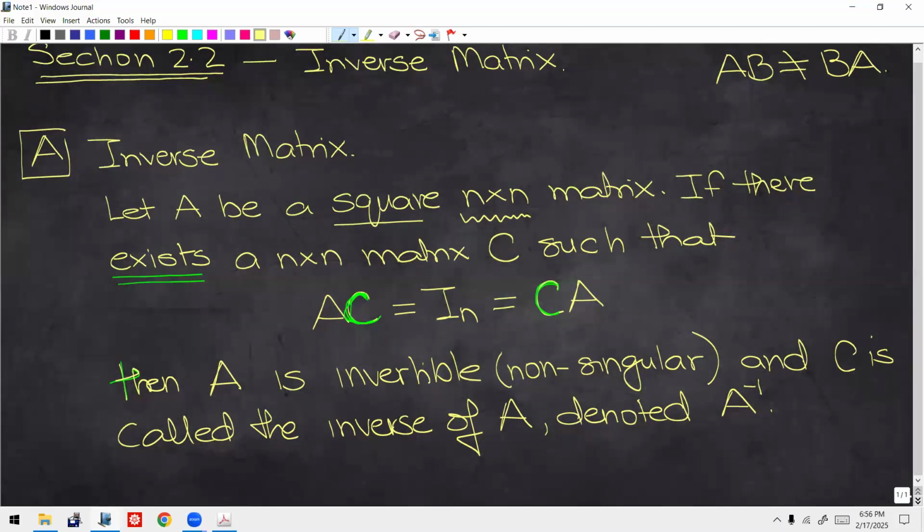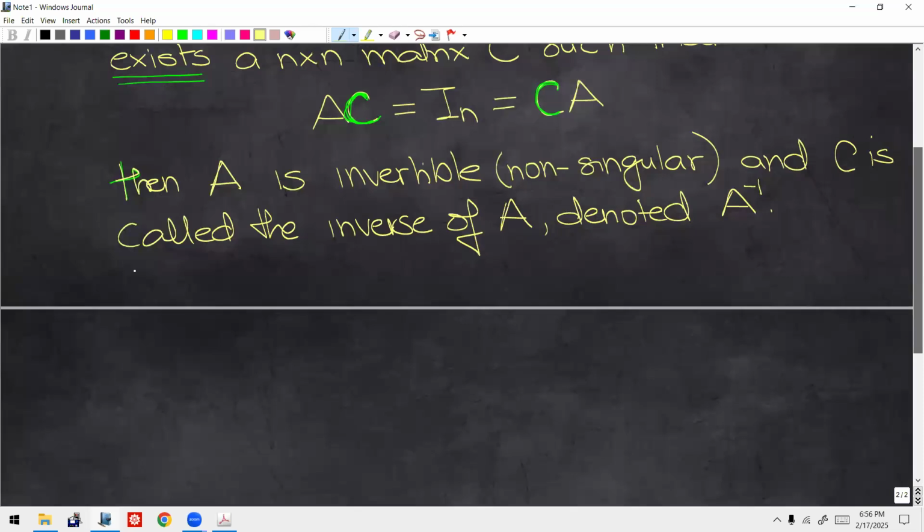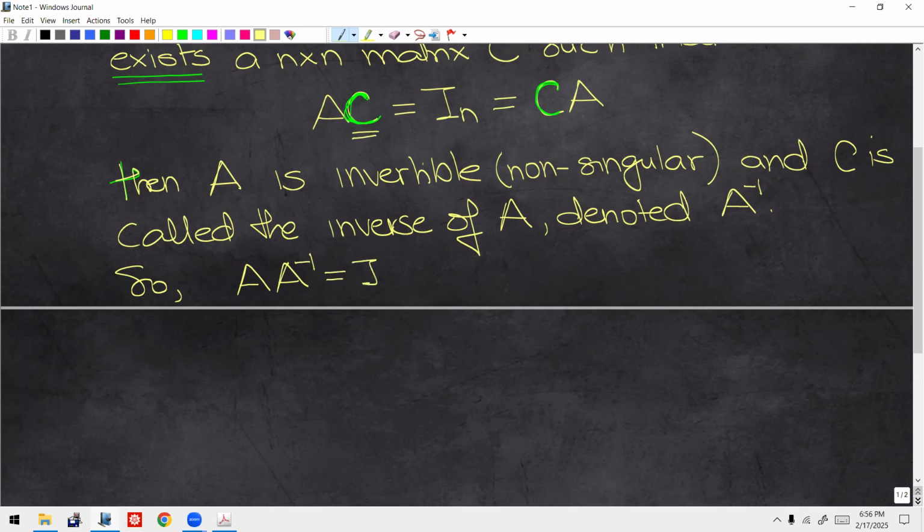So what does that mean? Let's write that down. So, okay, out here we're replacing C with A inverse. So A times A inverse, okay, is equal to I sub n, and A inverse times A is also equal to that.